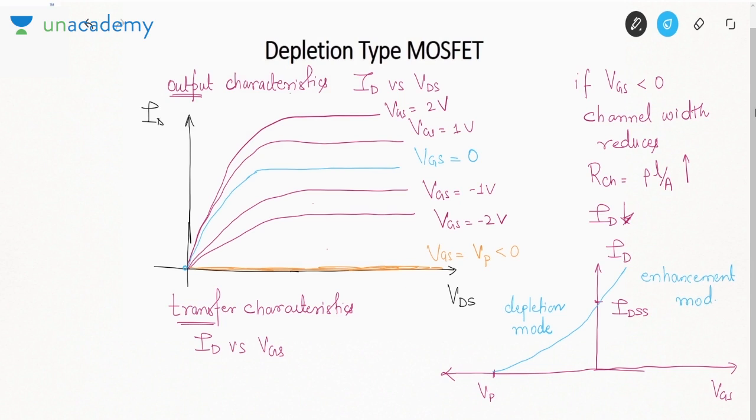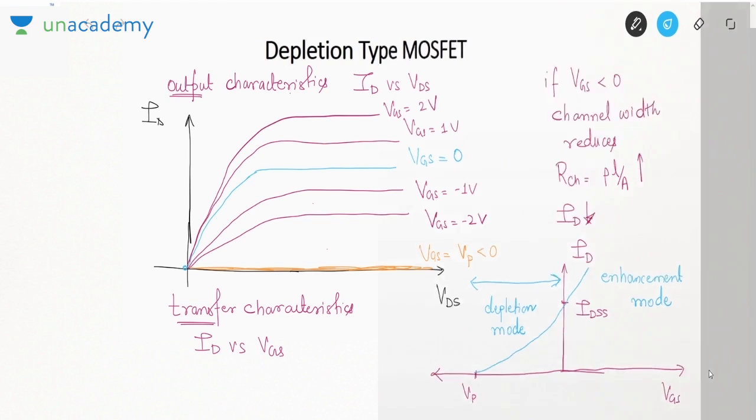We are enhancing the channel. But most of the times, we will make use of only the depletion mode in depletion type of MOSFET. Is it fine? So what is enhancement mode? When we are applying positive gate voltage and we are increasing the width of the channel, it is called enhancement mode. When we are applying negative gate voltage and reducing the width of the channel, it is called depletion mode. Okay. So let us move on.